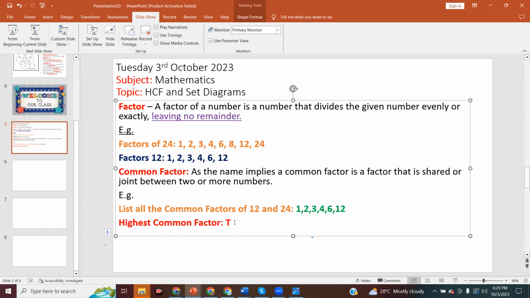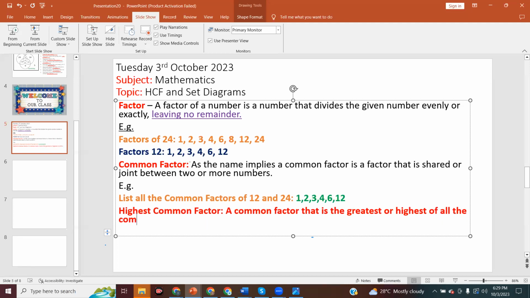So the highest common factor is a common factor that is the greatest or highest of all the common factors. So here we have a list of common factors. We have 1, 2, 3, 4, and 6.